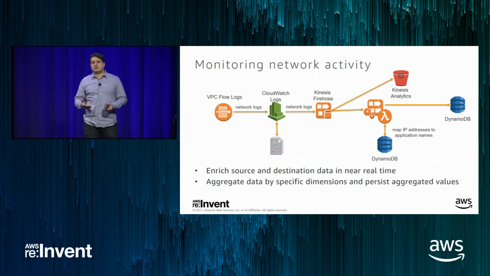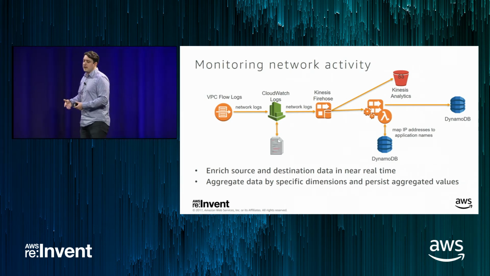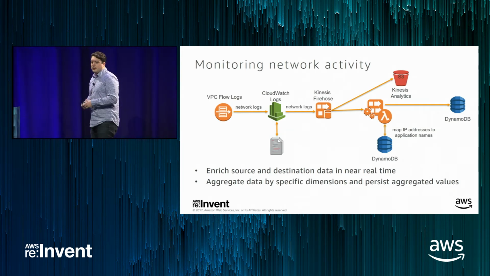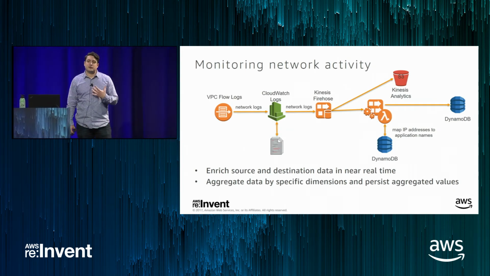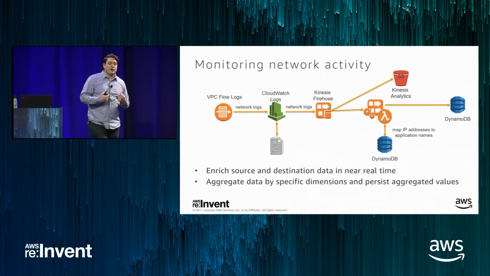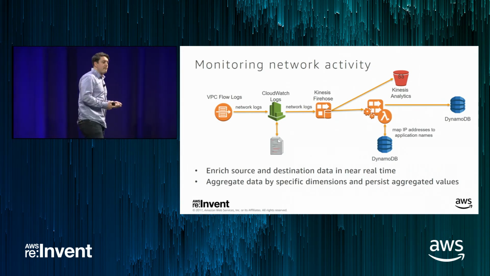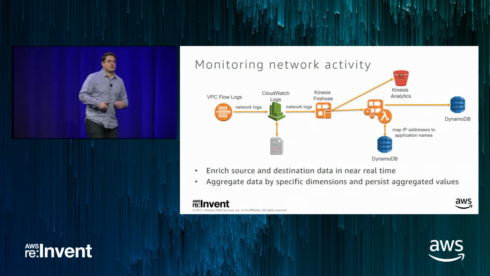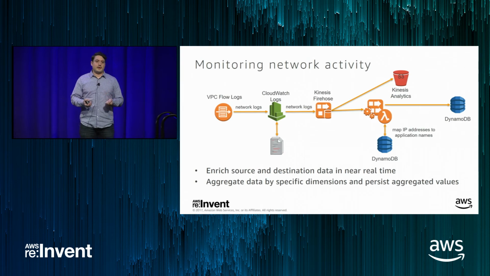So a lot of customers following this use case do perform data enrichment prior to the analysis. Here, as part of Kinesis Analytics, you can use an AWS Lambda function to enrich that data, mapping IP addresses to application names to provide that little extra context. It's an optional step, but it's an optional step that provides a lot of value.